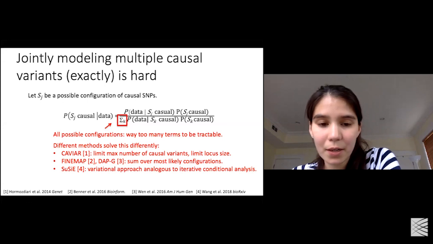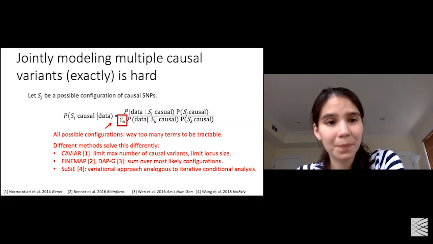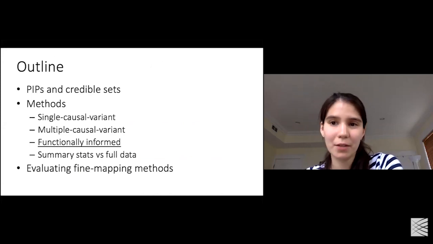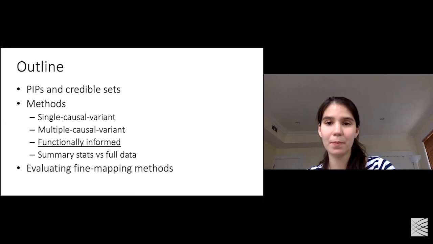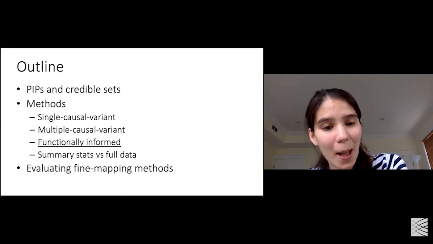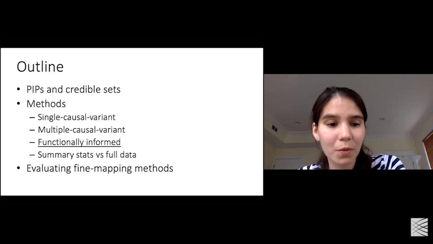I'm not going to go into the details of exactly how these different methods work, though I find that very interesting. Instead, I'm going to touch on two other methods topics, and one of them is functionally informed fine mapping. Let me pause again for questions before I move on.